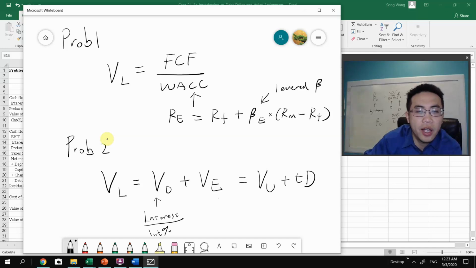And for equity, it should be the net income, which belongs to the equity holders, divided by the cost of equity.